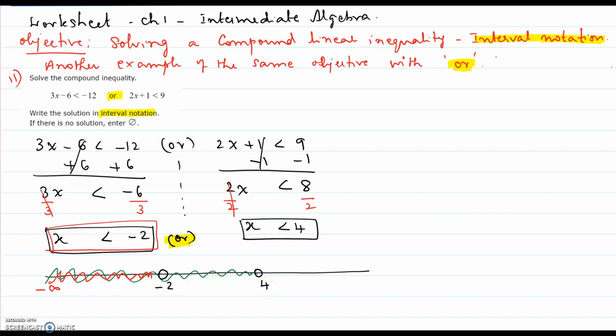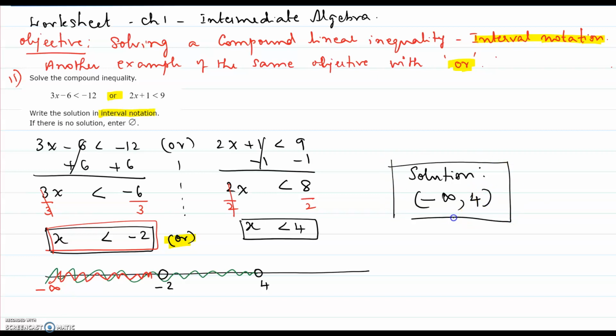So the solution in interval form is wherever the color starts, which is negative infinity, wherever the color ends, that will be a 4. Negative infinity cannot be included. 4 cannot be included either. So the solution in interval form is negative infinity through 4.